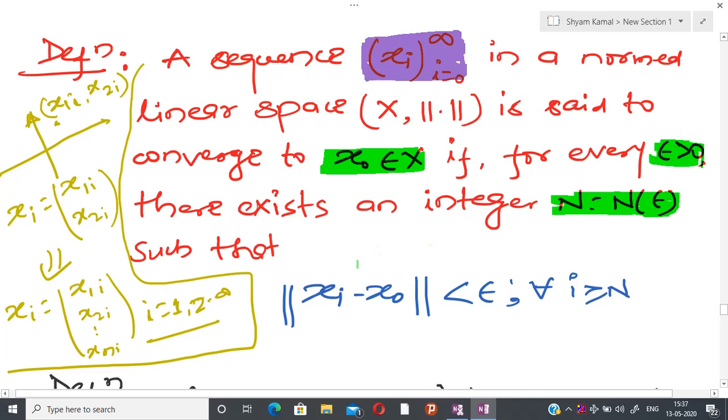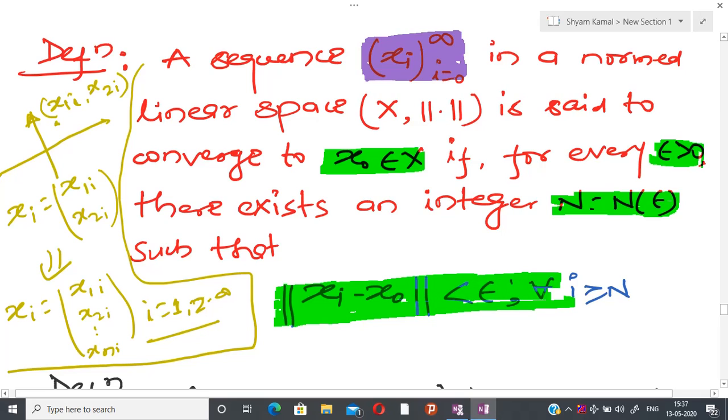And here, in place of the absolute value, you now have to take the norm. You can take any kind of norm, because in a finite dimensional space all norms give the same kind of convergence. For that reason you can use any norm here.